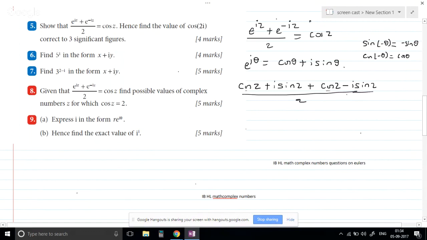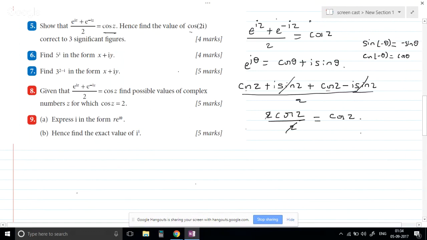Now, these two will get cancelled, so you end up getting 2 cos z, the whole thing divided by 2. Now, the 2 and 2 can be cancelled here, so you end up getting cos of z. That is what we have to prove here.